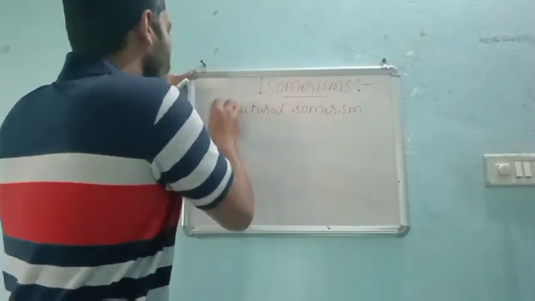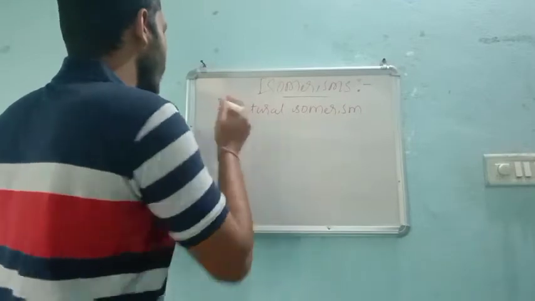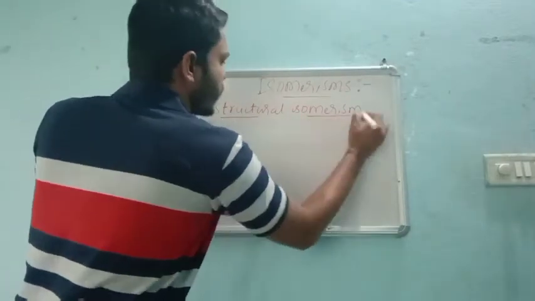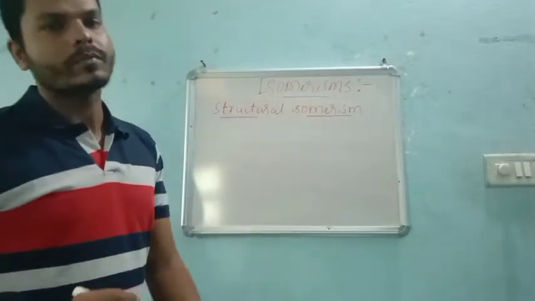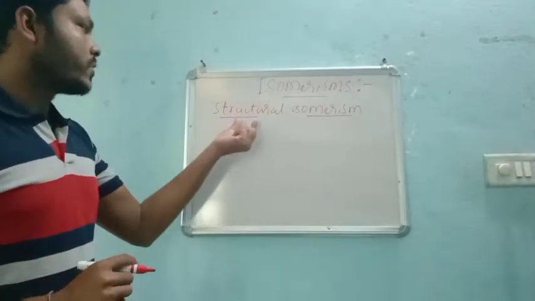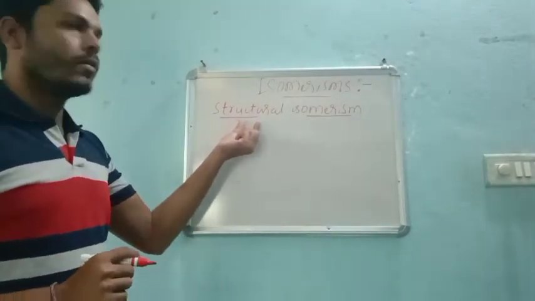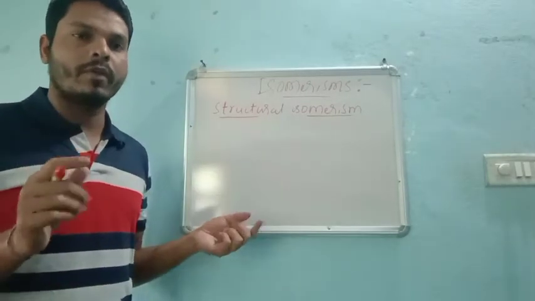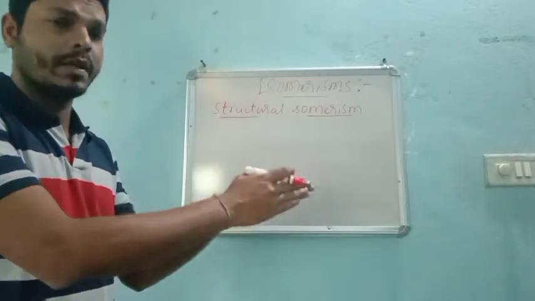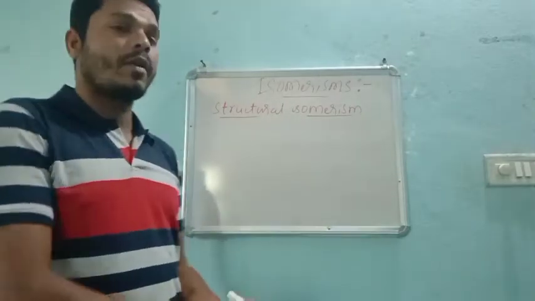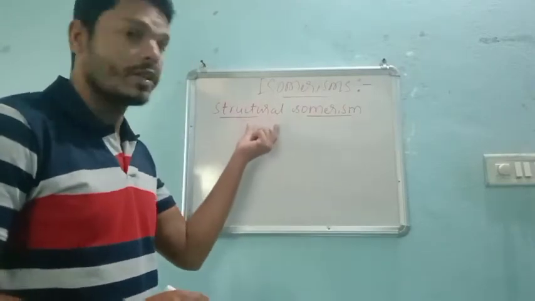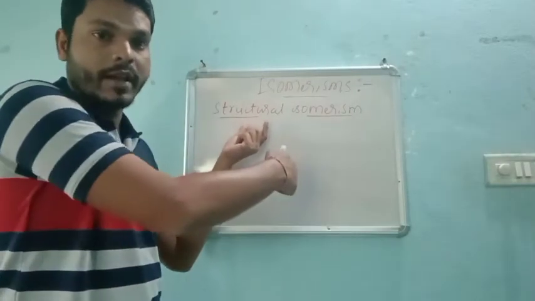Once you know the definition, for all isomerisms the definitions look the same. Structural isomers are compounds having the same molecular formula. The definition is the same, right? Having the same molecular formula but differing in their structure. Just now we had an example.